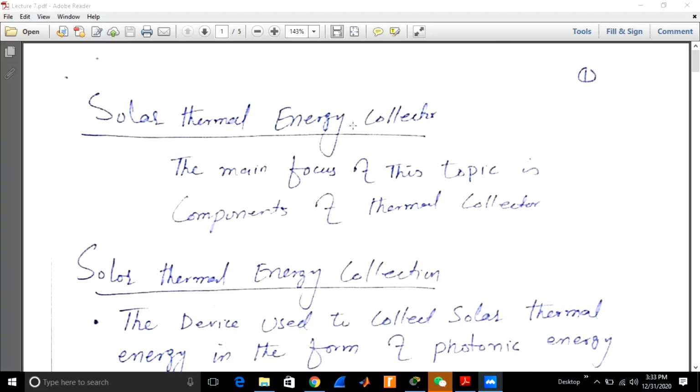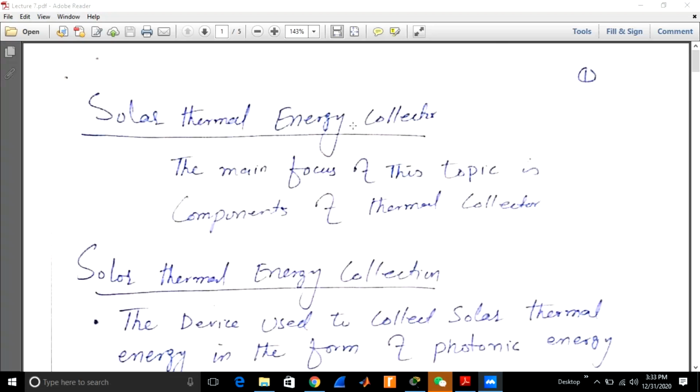So for storing the thermal energy of the sun, first we will collect the thermal radiation and then we will store it.